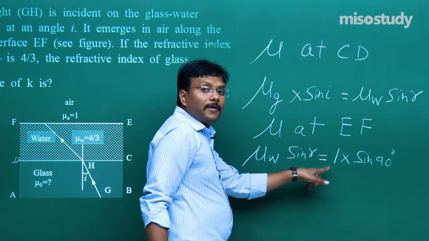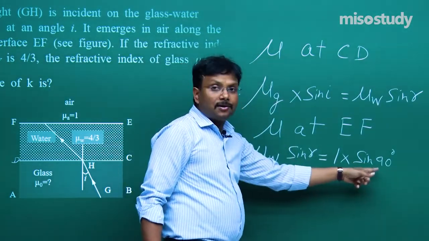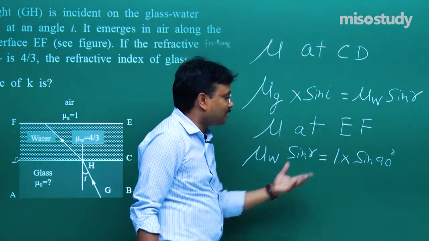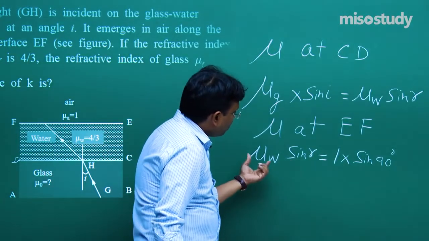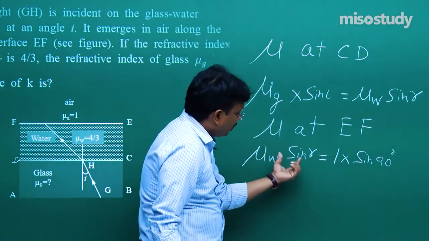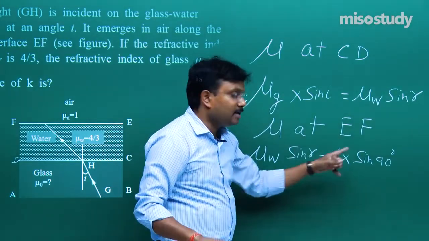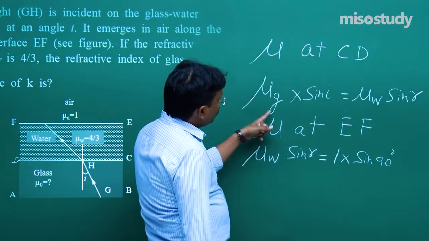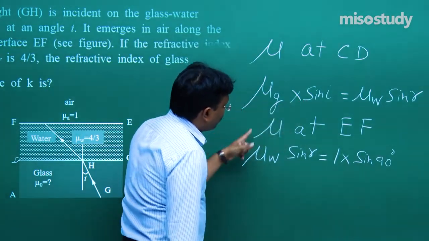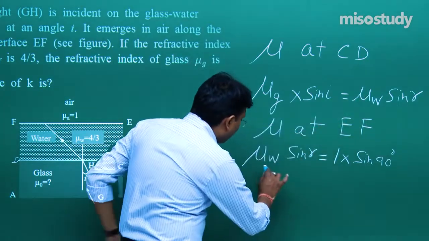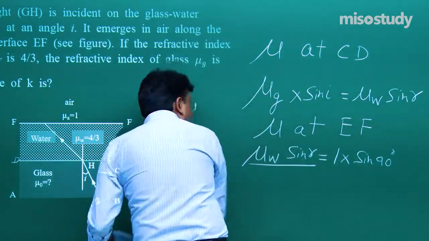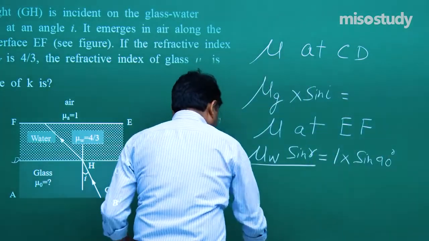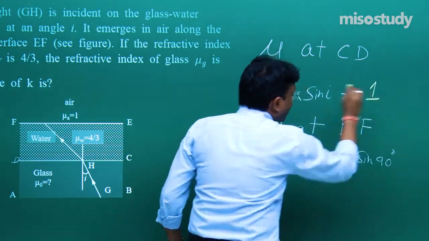Because refractive index of air is 1, angle is 90 degrees, critical angle situation, total internal reflection type of situation. So from here we can say mu W, that is mu water, sin r is equal to 1, because sin 90 is 1, 1 multiplied by 1 will give you 1. So mu G sin i is equal to 1. From here, replace the value in this particular segment and it will give me 1.